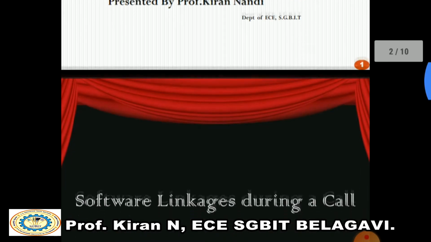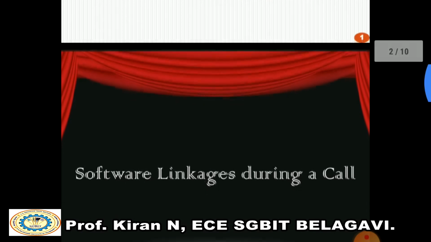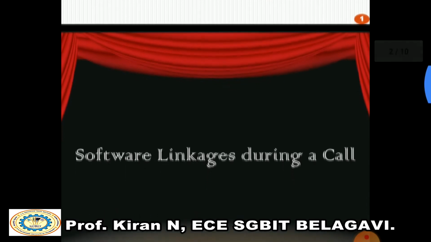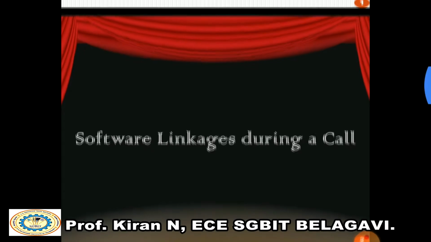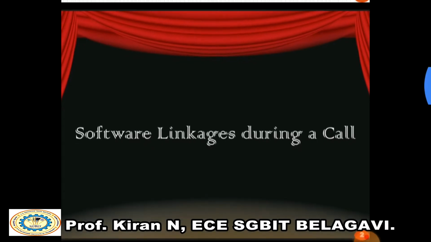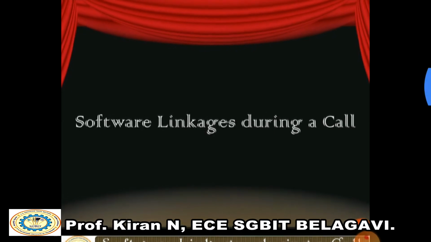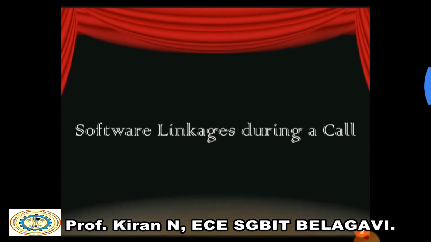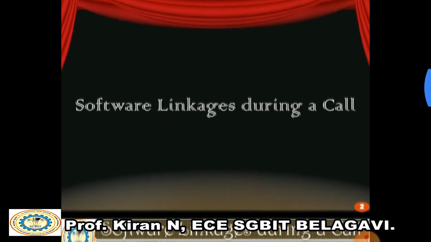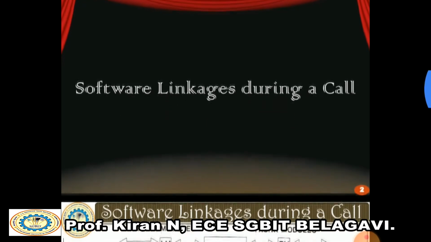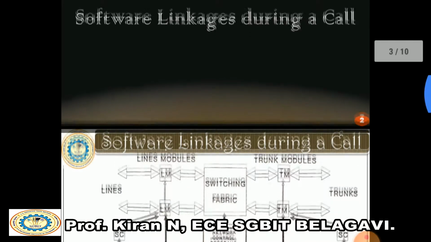So like line modules, trunk modules, switching fabric, and line circuit programs, line control programs, network control programs, switch control, software control, maintenance program, call processing programs, translation office, disk unit. All these different units which are connected with each other play a very important role, and they have their own role to play in order to establish a call.